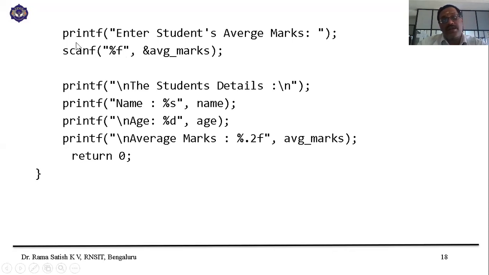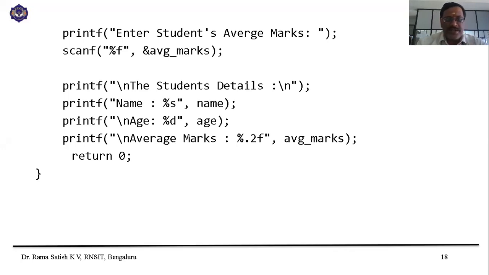Why do you give printf before every scanf? Because the user has to know what he has to enter, whether the age value, the marks value, or the name value. So just to tell the user what to enter, you give a printf statement, and after that you read with scanf.